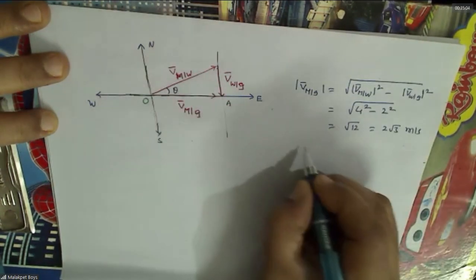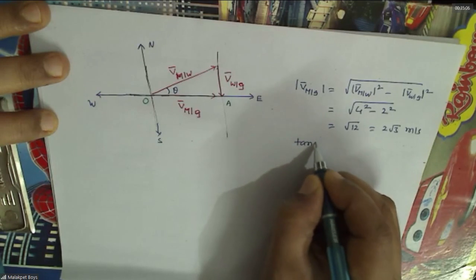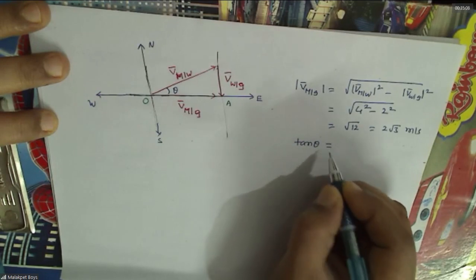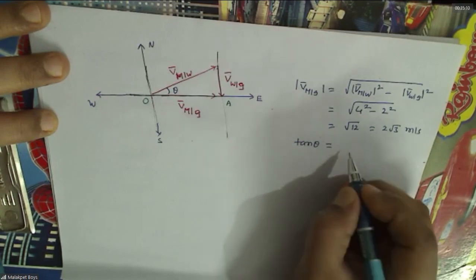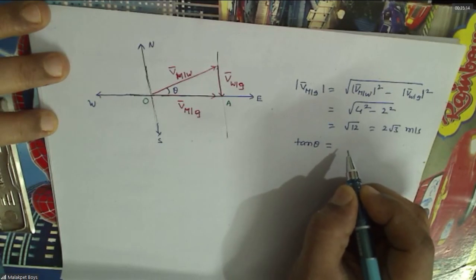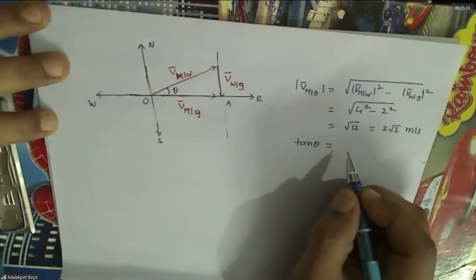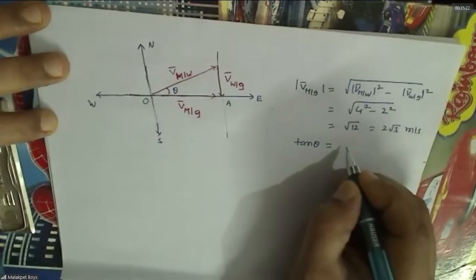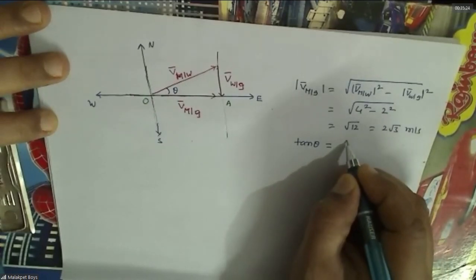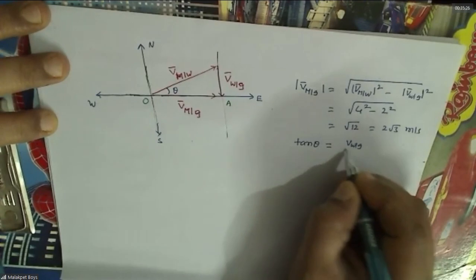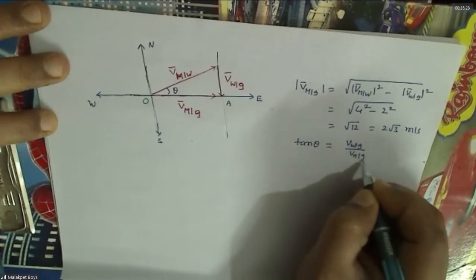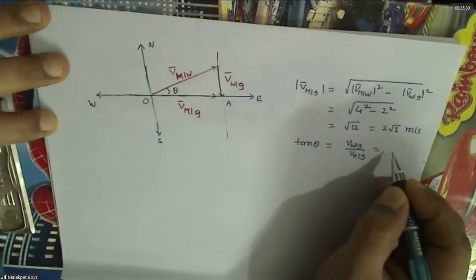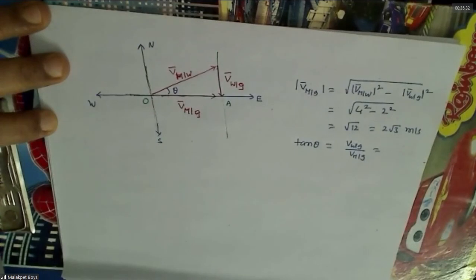Direction also you can get. How much did you get? Velocity of water with respect to ground is 1 by root 3.